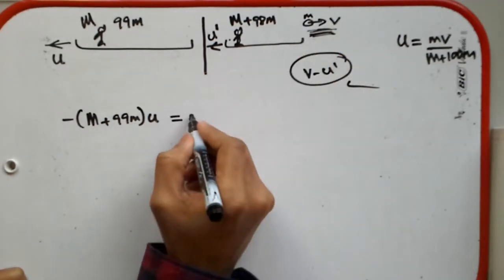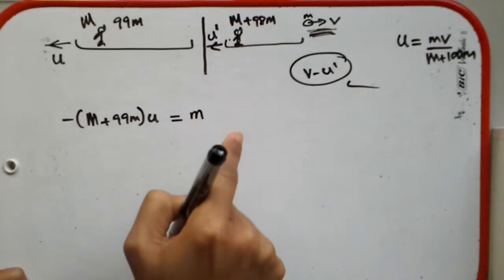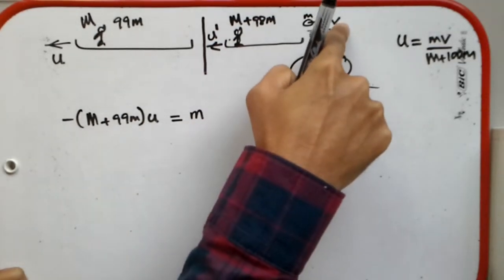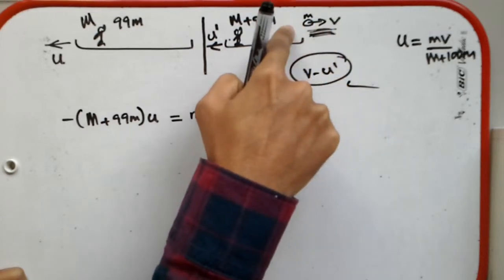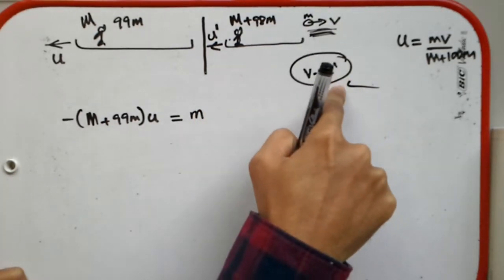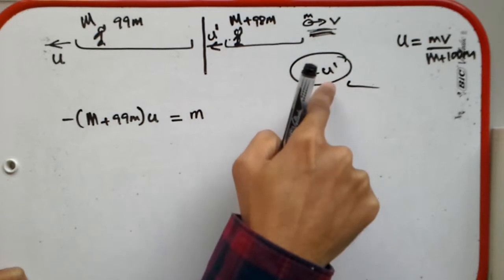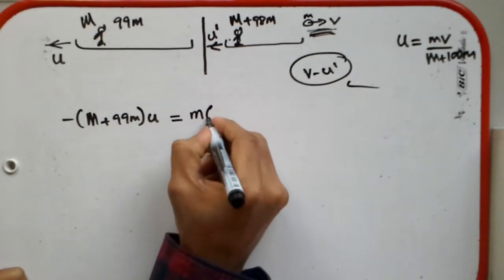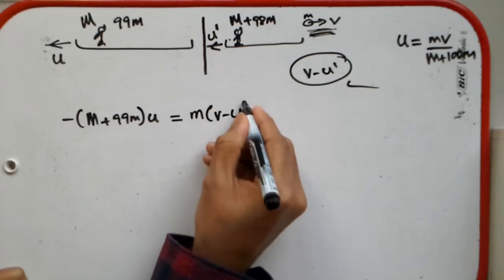This small mass is moving with a speed now. Remember, I can't put this v because this v is with respect to the cart. I have to put the velocity with respect to the earth. So with respect to earth, this is v minus u prime.